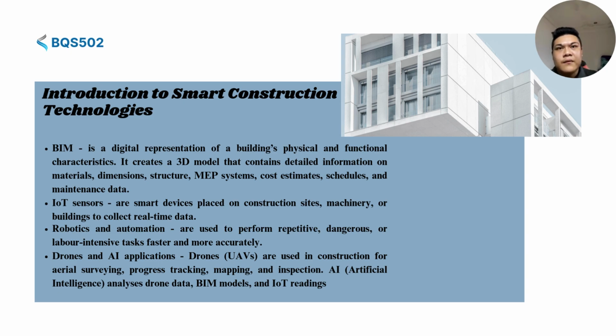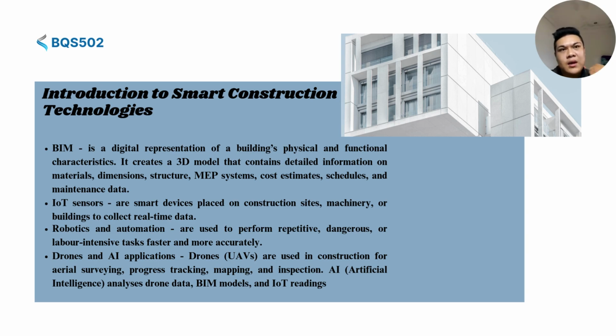The reasons for the use of IoT: first, to ensure safety through real-time alerts. Second is to make a better quality control way, for example, monitoring concrete curing conditions. IoT can also produce predictive maintenance to prevent equipment breakdown.